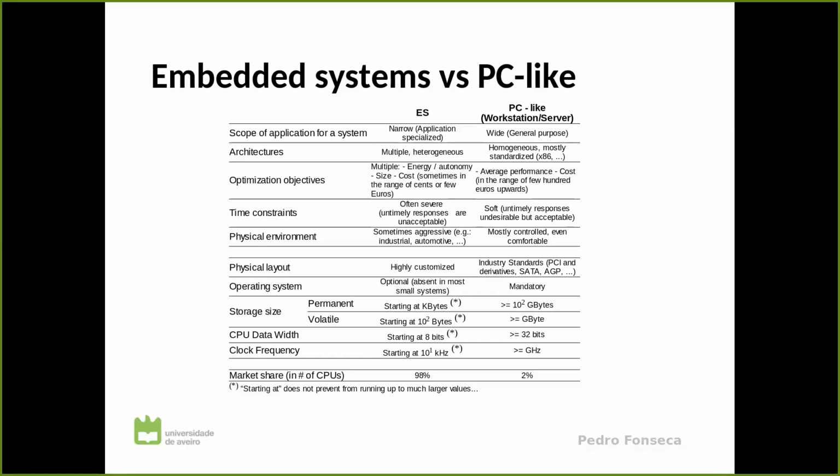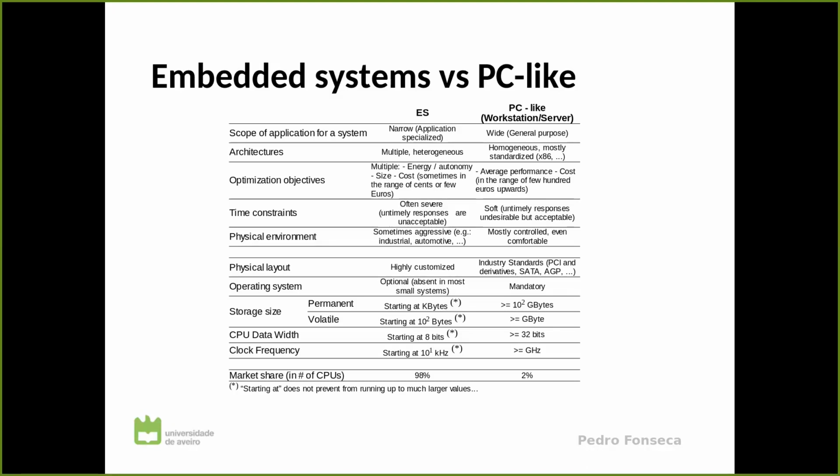And I would like to draw your attention to the last line of this table, which is a curious figure about embedded systems development, which is the market share in number of CPUs. And notice that this value is probably outdated, because of the explosion of IoT, and IoT devices are clearly embedded systems.